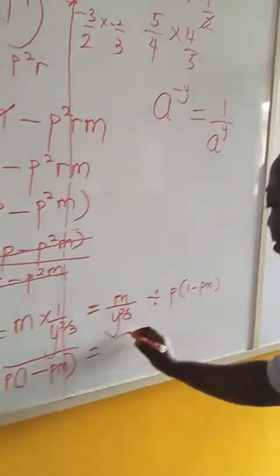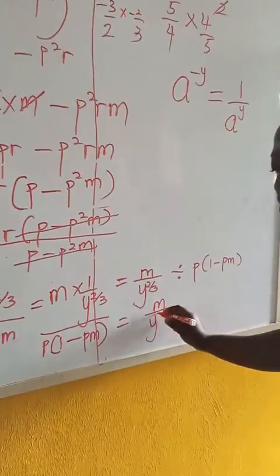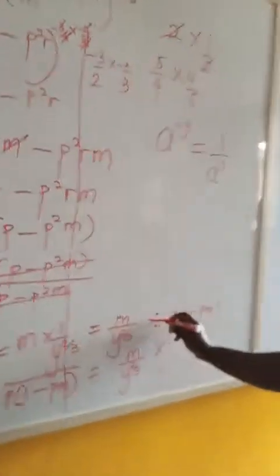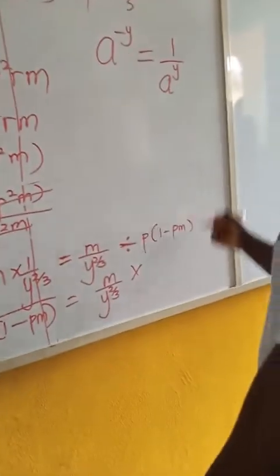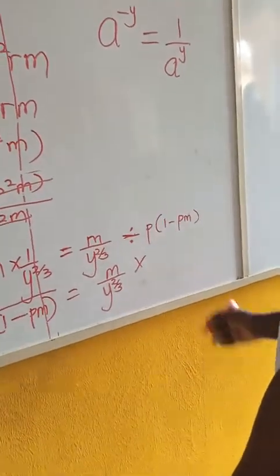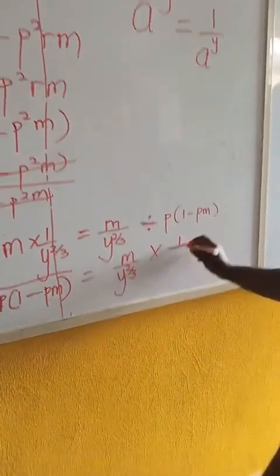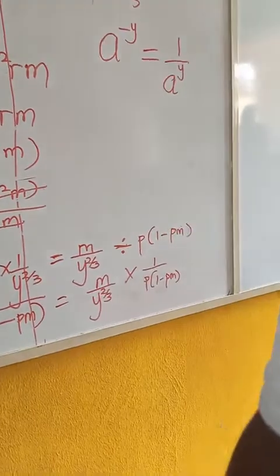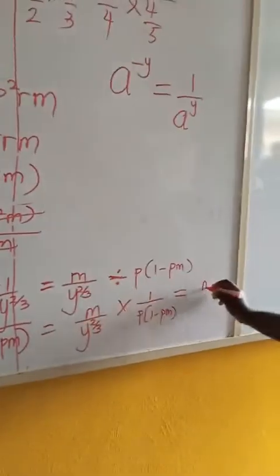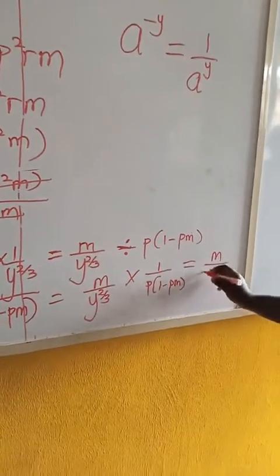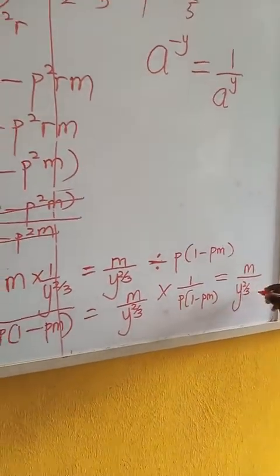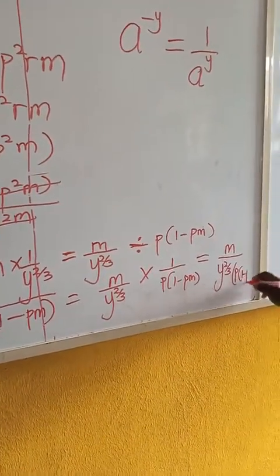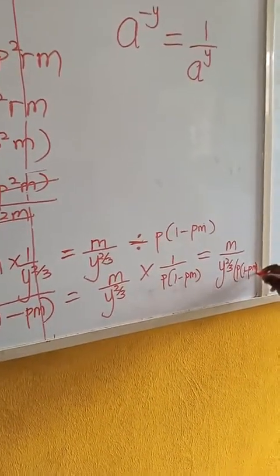Then from here, we have m over y raised to power 2 over 3 times, since we have changed this sign to multiplication, we write the inverse of p open bracket 1 minus pm, and that is 1 over p open bracket 1 minus pm. Then this becomes m over y raised to power 2 over 3 times p open bracket 1 minus pm close bracket.